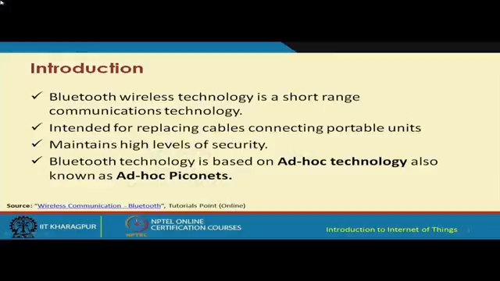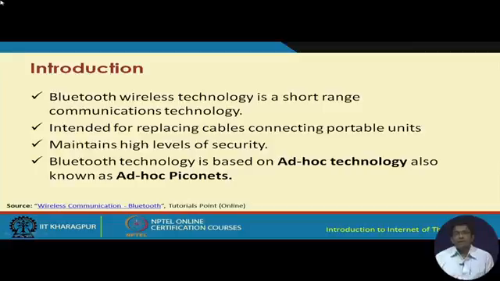One of the very good things about Bluetooth is security. Bluetooth ensures a high level of security, and another very distinctive feature is that Bluetooth helps in forming ad hoc networks. So, concepts such as ad hoc technology, ad hoc piconets are commonly used in the case of Bluetooth.